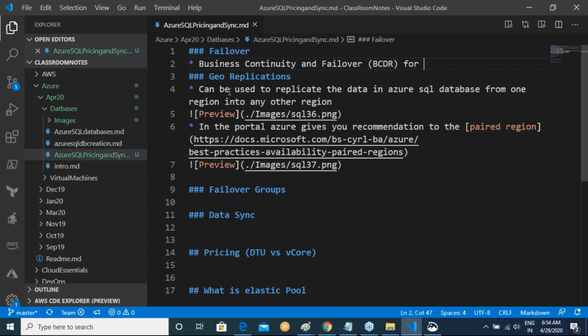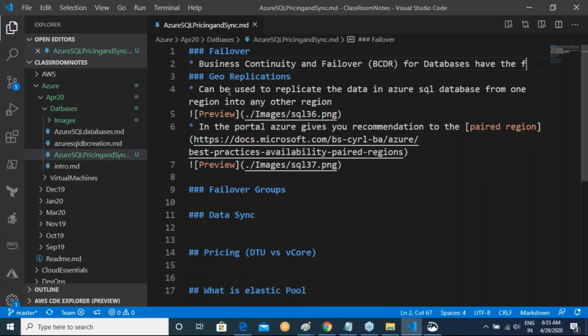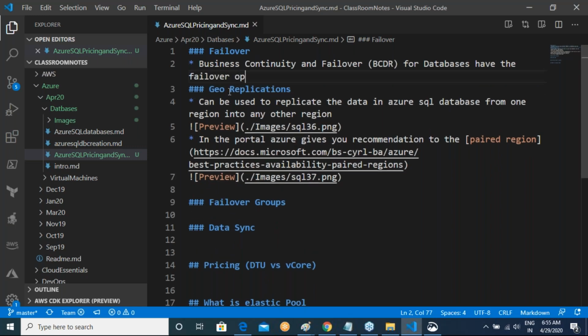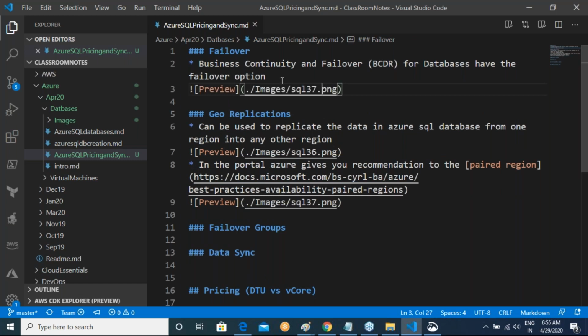Okay, for databases, we have the options of the failover option. So the failover option is 38 for us.